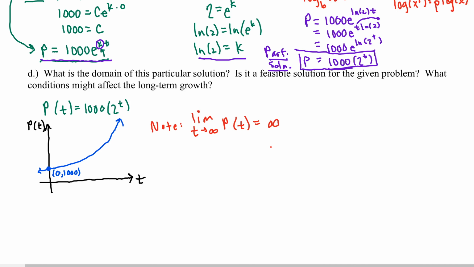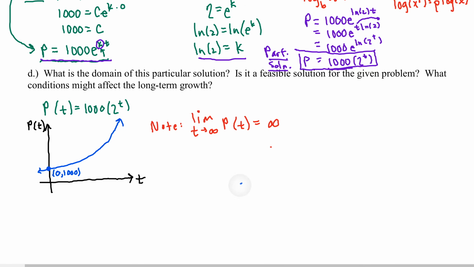Okay, that's really bad news. Remember, we were modeling a population of bacteria. So this is saying that over time, the population of that bacteria increases to infinity. So basically, the bacteria takes over the earth. That's not necessarily a feasible long-term solution.